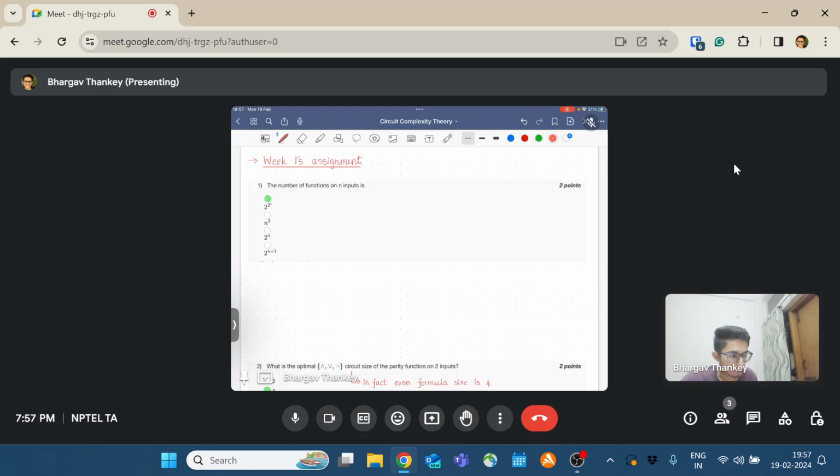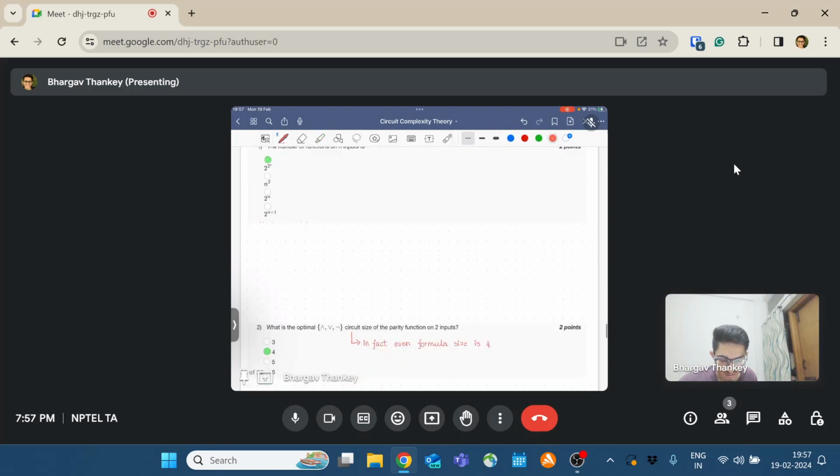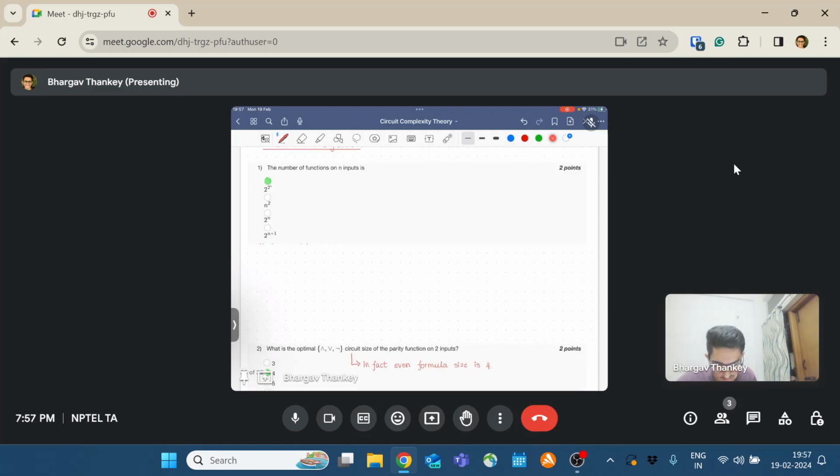Because there are 2 to the power n possible inputs, and each input could be assigned to 0 or 1. Yes, exactly. For all x in {0,1}^n, there are two possibilities.